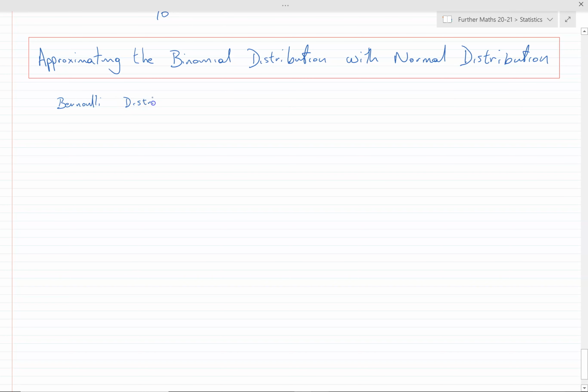First of all, bear with me. And then also, as further maths students will go on to do, talk about the central limit theorem and how it is relevant in this context, to try and take a deeper look at what's actually going on.